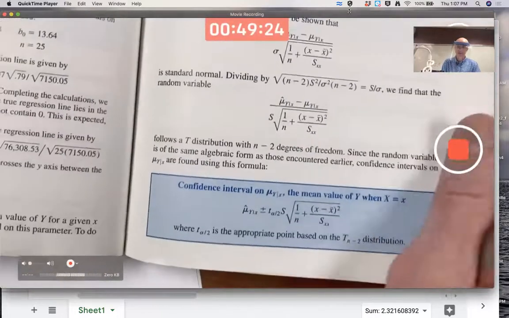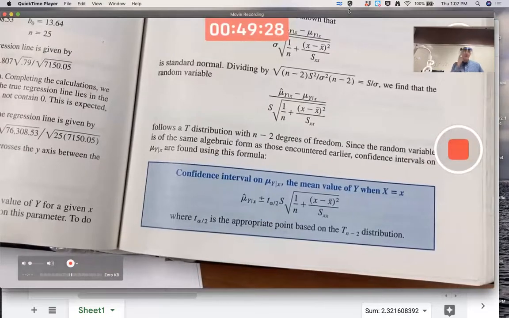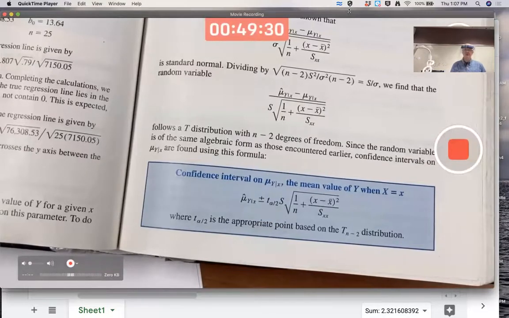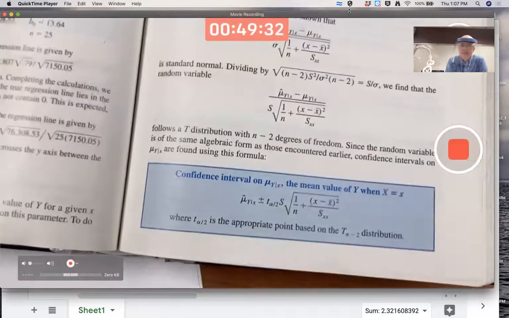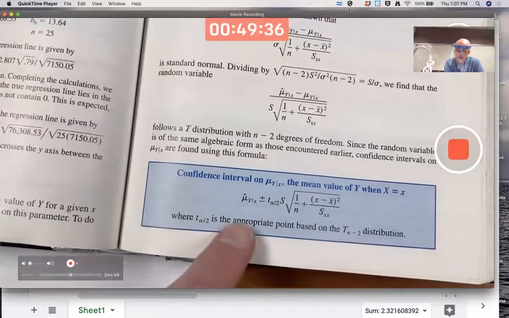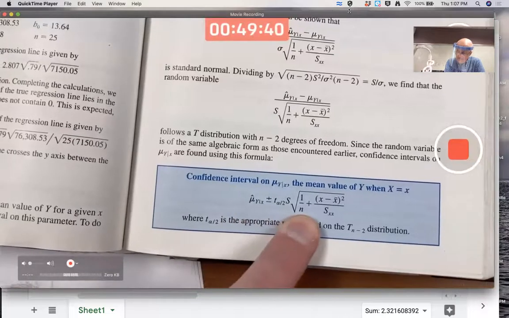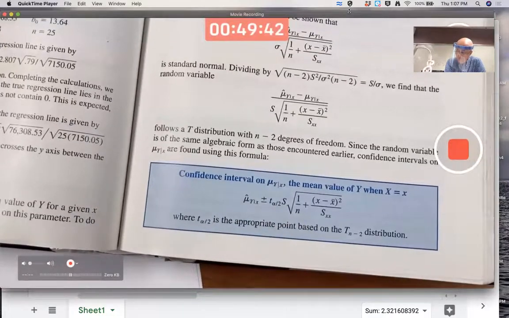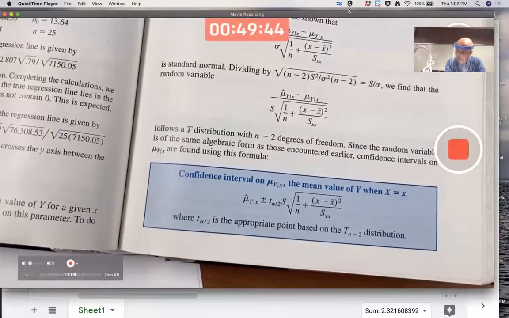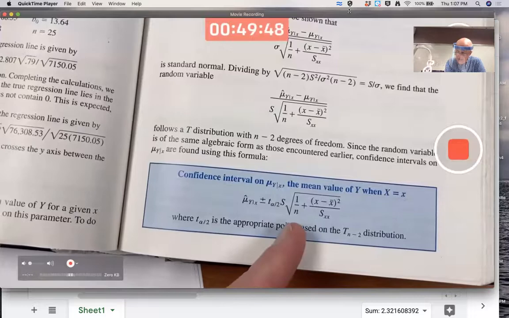This formula right here, page 399. Confidence interval on mu sub y given x, the mean value of y when capital X equals little x. It's mu hat, which you get from the regression line, right? Plus or minus, there's your margin of error. All that stuff we know how to compute now. For our problem, n is 12.